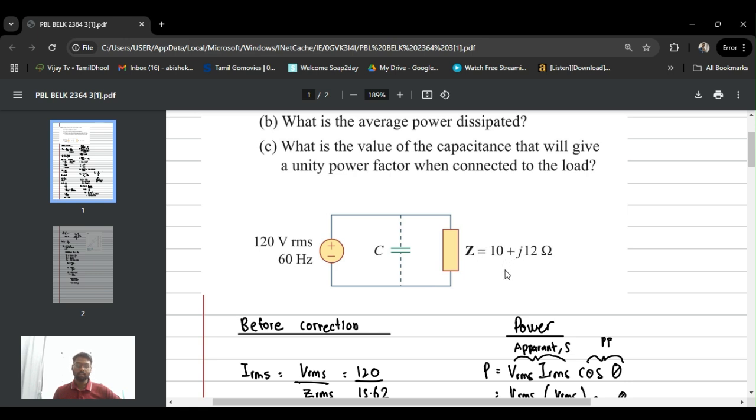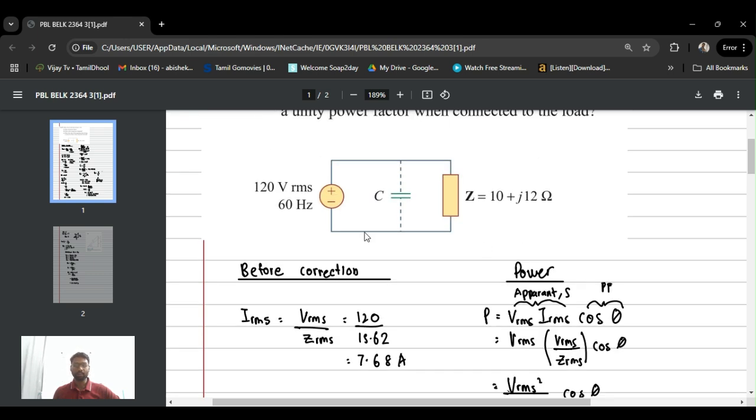If it's a capacitor, the imaginary part will be negative because it is 1 over j omega C, so the j will be in a negative value. But if it's an inductor, it will be just j omega L. The imaginary part here is positive, so we can conclude that the real part is 10, which is 10 ohms for a resistor, and the imaginary part is 12, which is the reactance of the inductor.